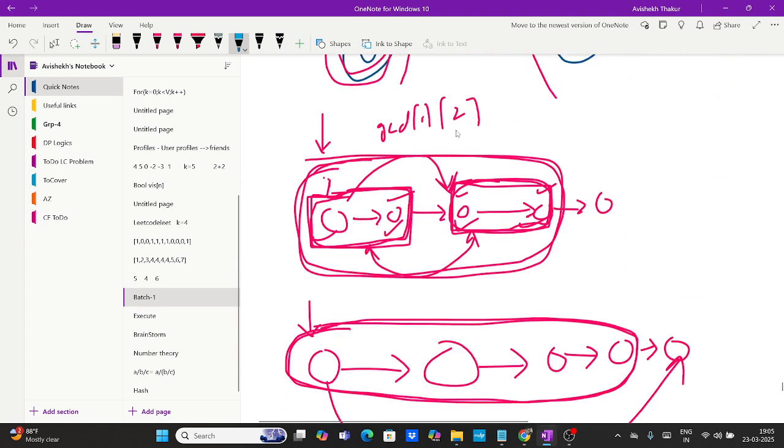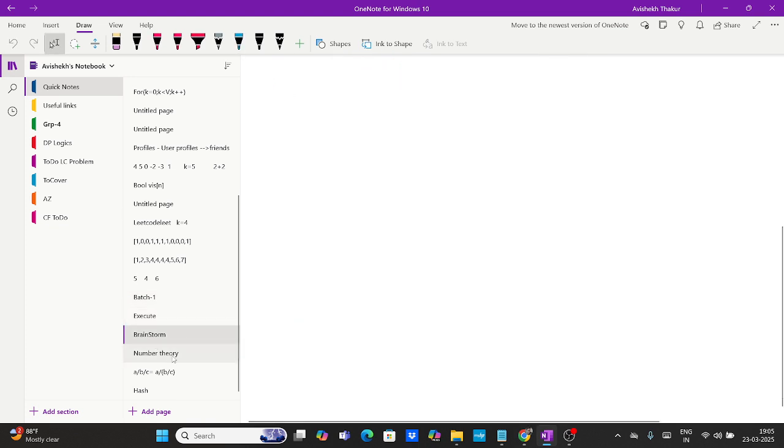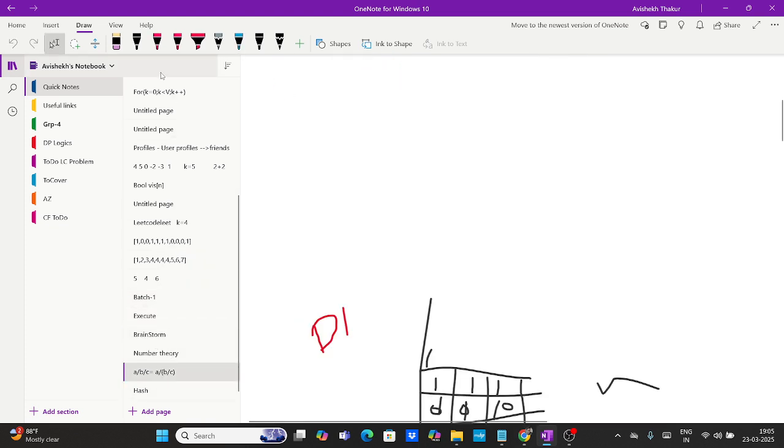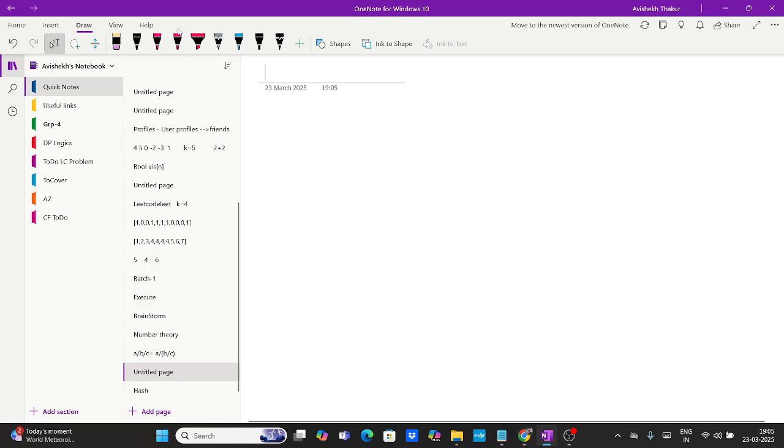Yeah, that might be one thing. Let's go to another page then. Add page. Okay, good point, by the way.